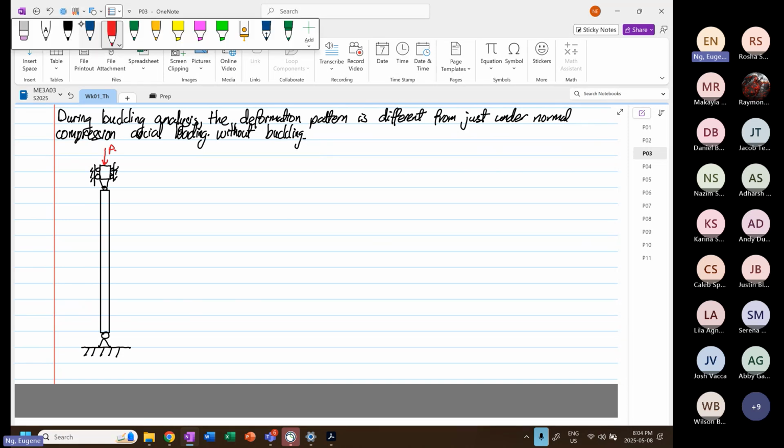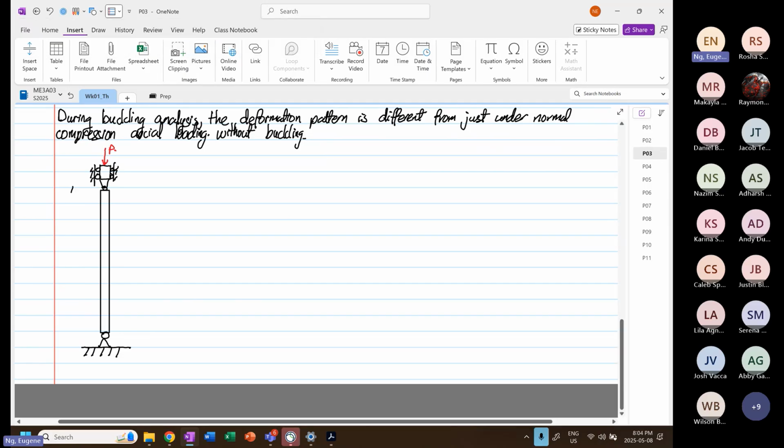So I want you all to get used to this. So I'll call this our point A, our point B. So point A is pin, and point B is also pin. Okay.